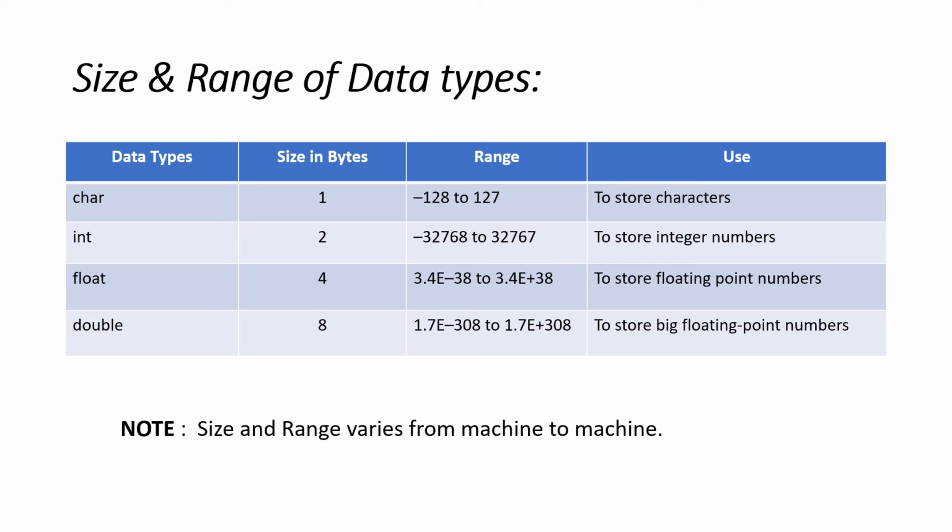Size of int data type: it occupies 2 bytes of memory. Range varies from minus 32,768 to 32,767. It is used to store integer numbers.